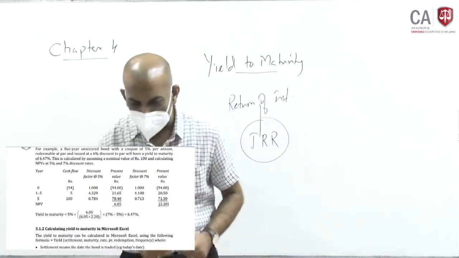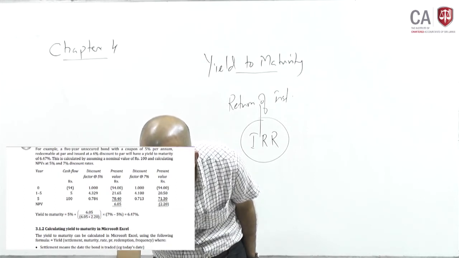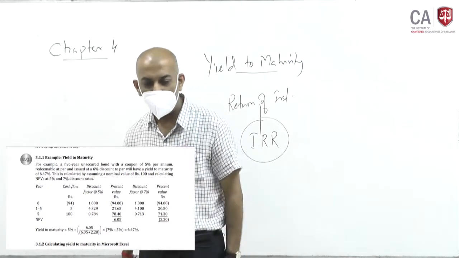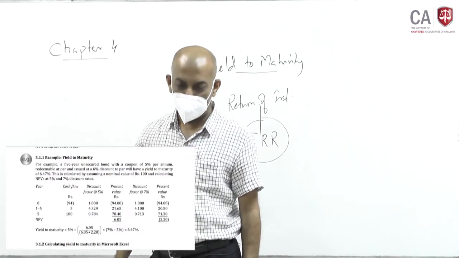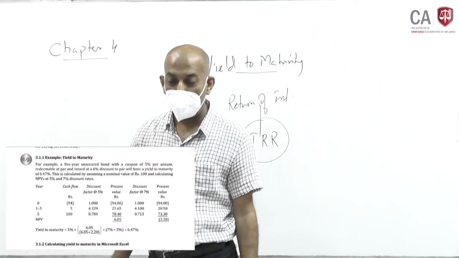So can you look at this example? It's about a 5-year unsecured bond. As I mentioned, the bond can be secured or unsecured. Here it's an unsecured bond with a coupon of 5%.